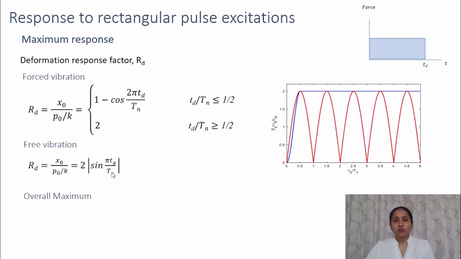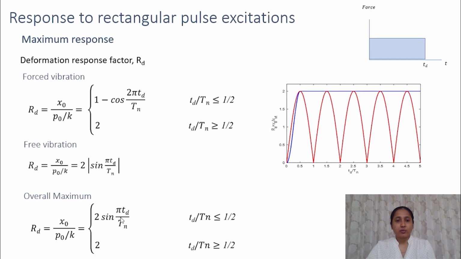And the overall maximum response will be the envelope of these two curves, that is the maximum of these two red and blue values. So we know these two curves, so we can find out the envelope curve. So the overall maximum Rd would be 2 times sine pi Td by Tn when the Td by Tn ratio is less than half.